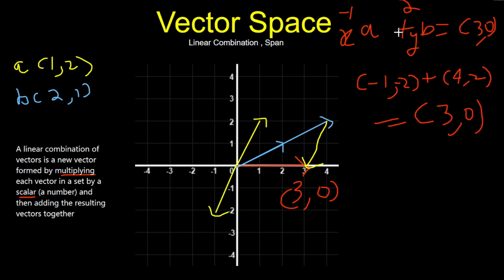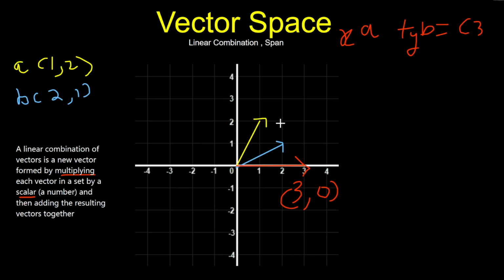Linear combination is just adding vectors together after multiplying each with an arbitrary scalar. So let's see, what do we mean by span? Span is nothing but the set of all vectors we can get by linear combination of a set of vectors.